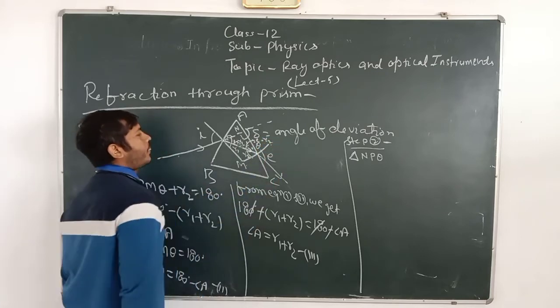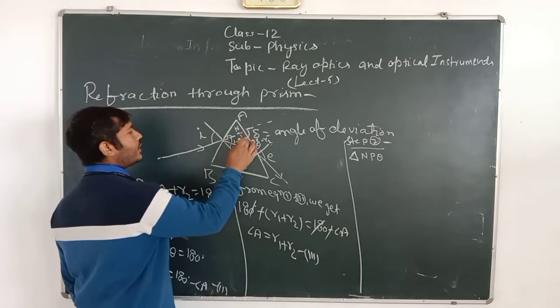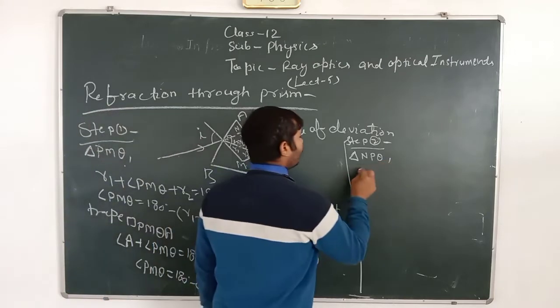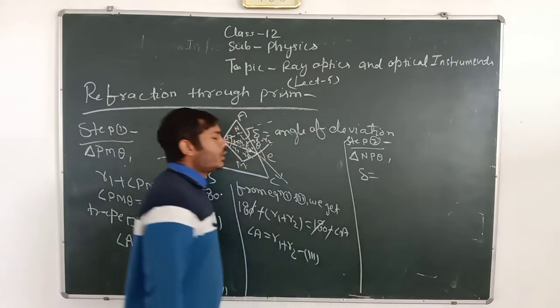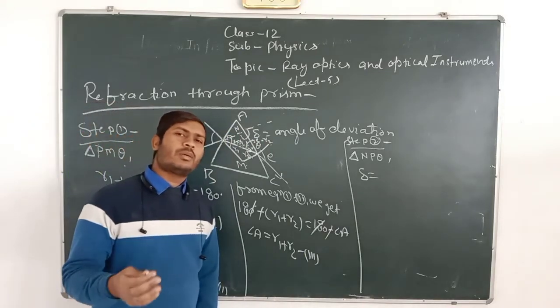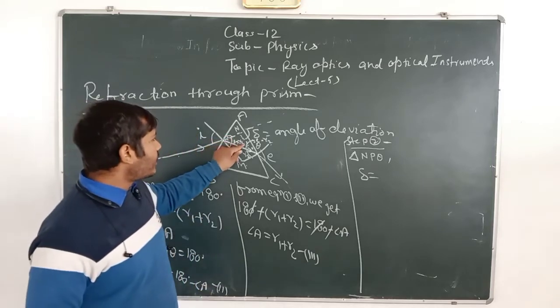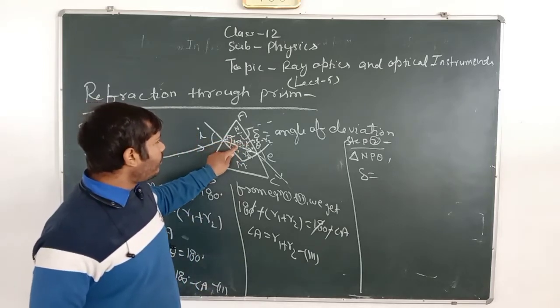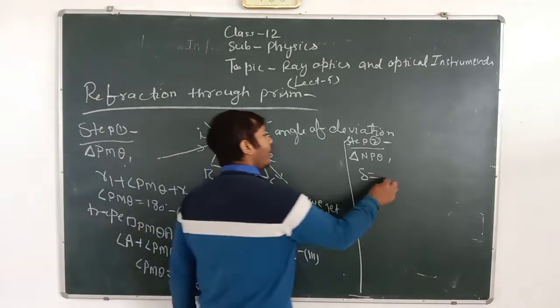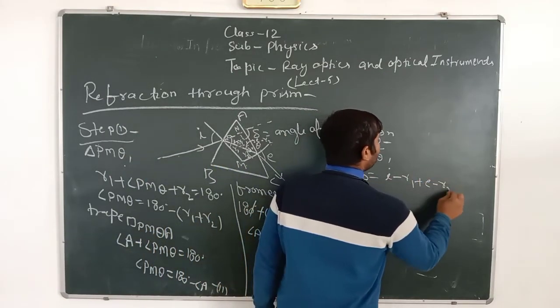R2. And in triangle NPQ, this delta is the outer angle. So delta will be equal to, outer angle of any triangle is equal to the sum of two interior angles. So in this case, delta will be equal to I minus R1 plus E minus R2.